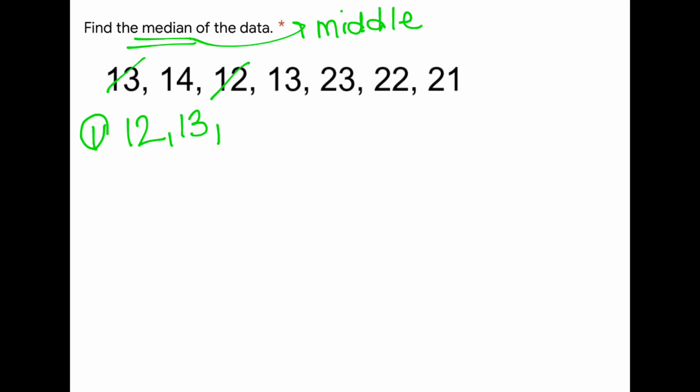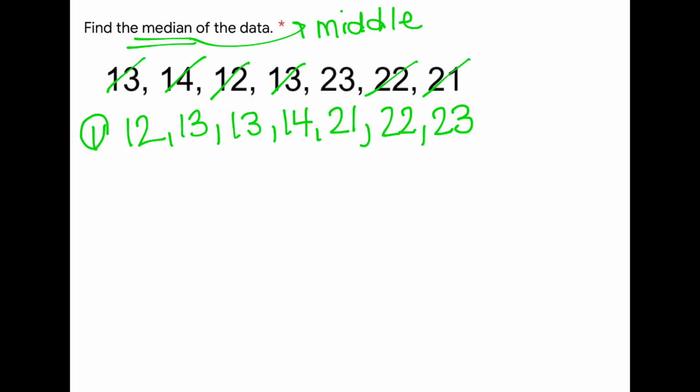You have to put these in order to find the middle. You can't just find the middle of them randomly, because then you wouldn't be finding the true middle of the data set. You're finding the middle of a scattered data set, and that wouldn't even make sense. So putting them in order is very important. If you don't put them in order, you're really not finding the middle.